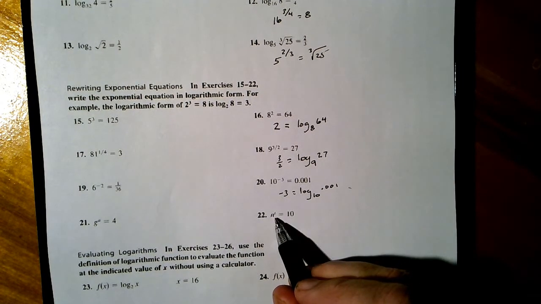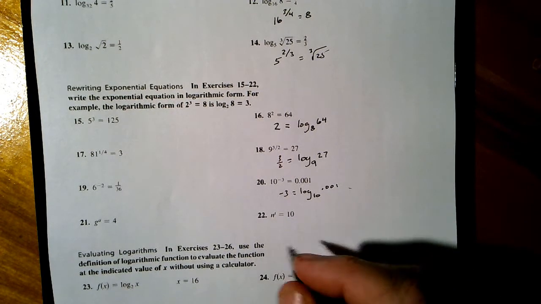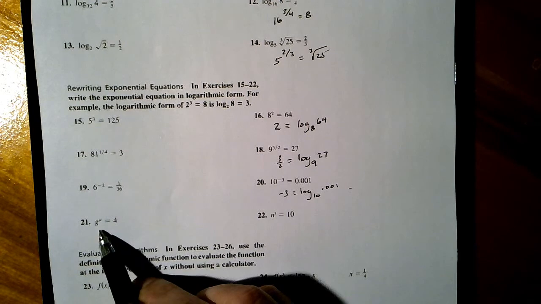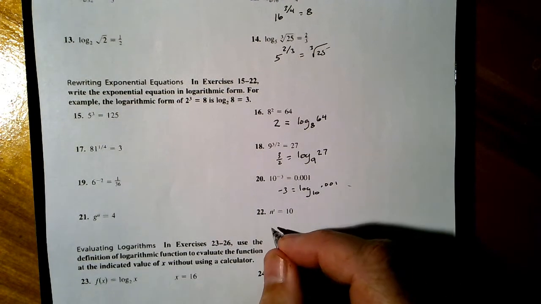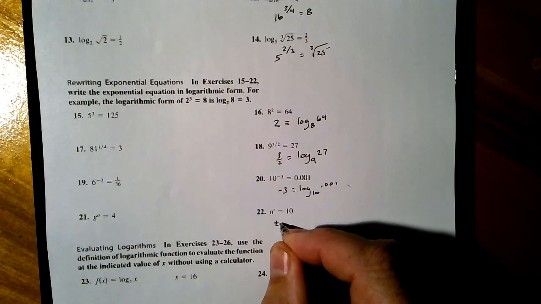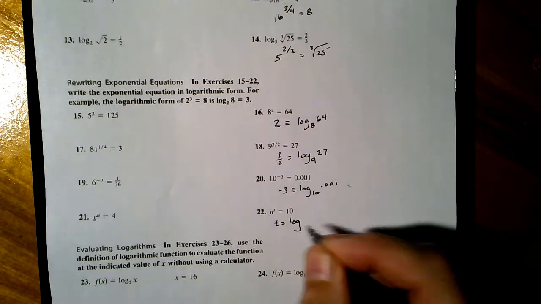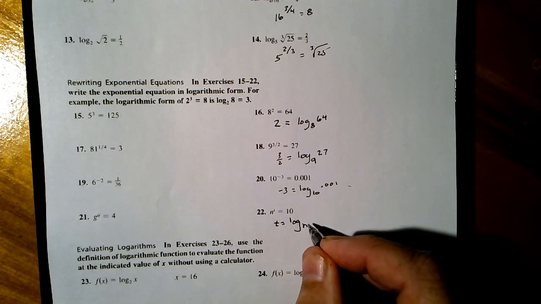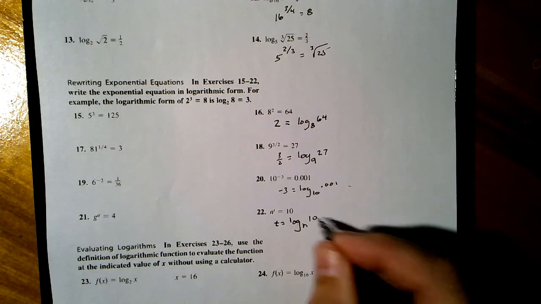And I think that's a t. It's definitely an exponent if I'm looking at 21. So we'll call it a t. T is the exponent that turns n into 10.